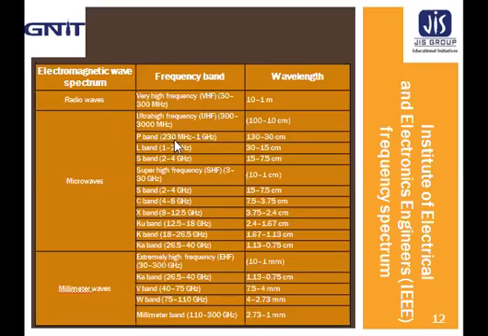And there are different bands like P band, L band, S band. Super high frequency, that is SHF, that is 3 to 30 gigahertz, and the wavelength is 10 to 1 centimeter. And also there are other bands like S band, C band, X band, Ku band, K band, Ka band, and all these bands are used for different applications.